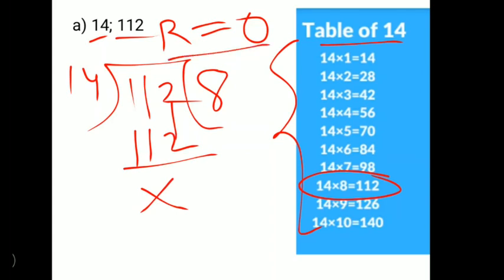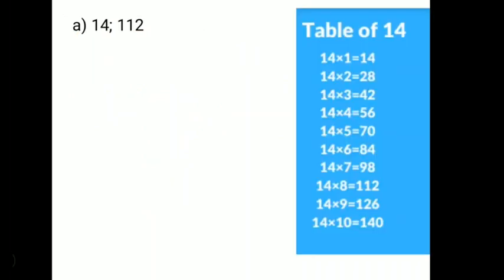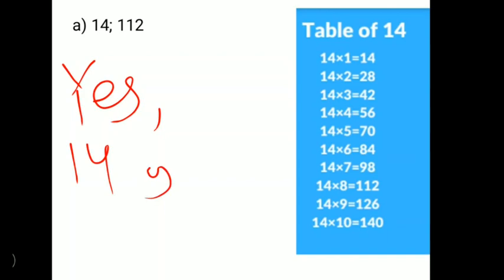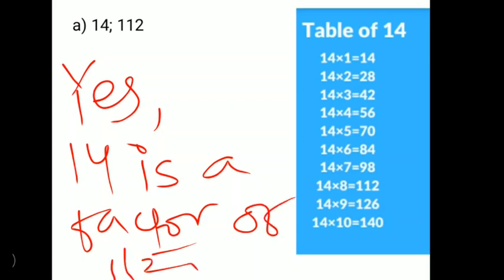They have asked us whether the first number is a factor or not, so you can write here that yes, 14 is a factor of 112. All right, I hope you have understood this.